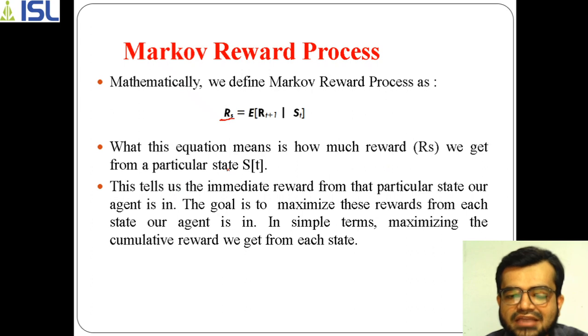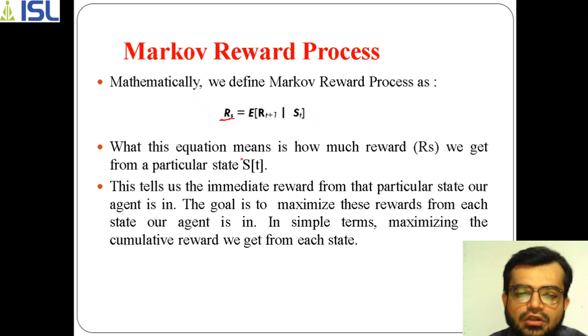What is our goal? The goal is to maximize these rewards from each state, not only overall. If you maximize the reward from each state and add all of these reward values together, the return will be at its maximum. That's why I said we should maximize the cumulative reward from each state.